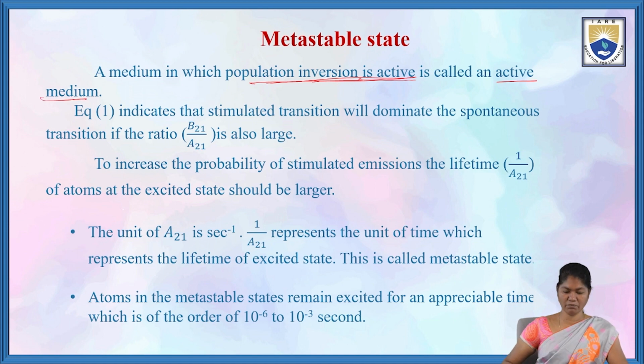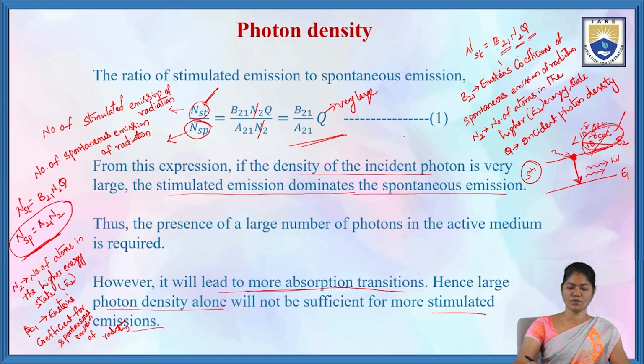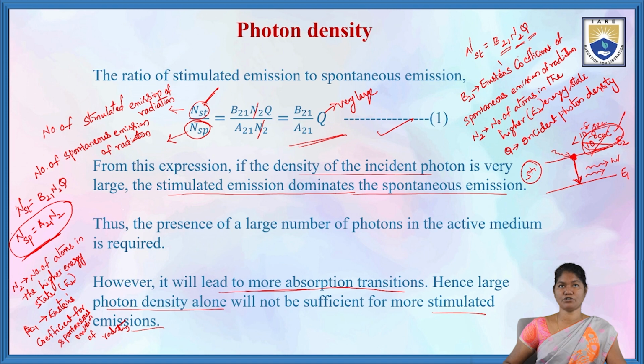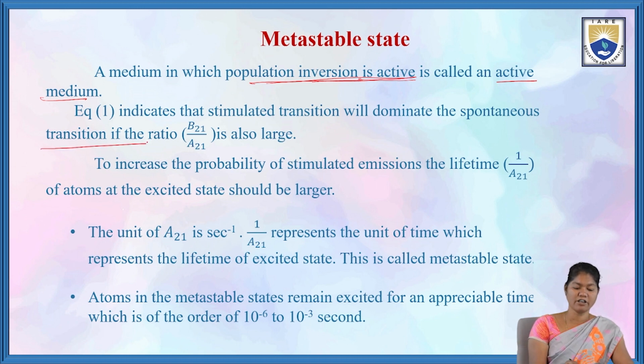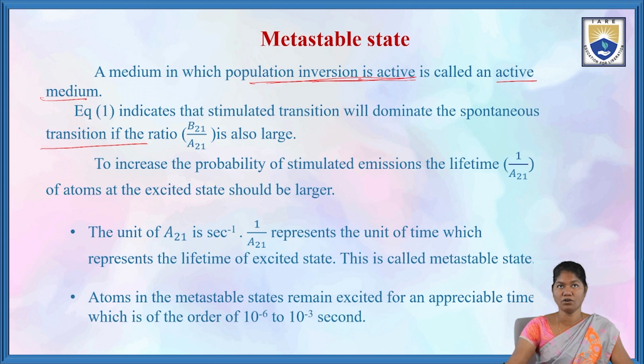In equation 1, the ratio of the number of stimulated emissions to spontaneous emissions is B21 Q by A21, which indicates that stimulated transitions dominate over spontaneous transitions if the ratio B21 by A21 is large.